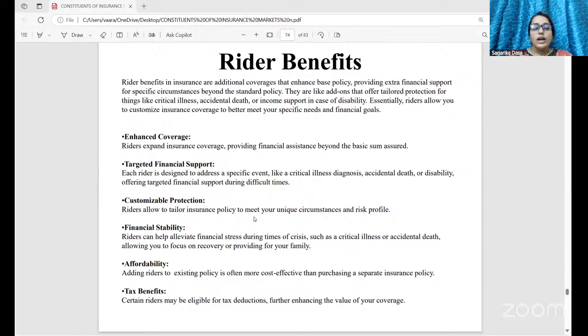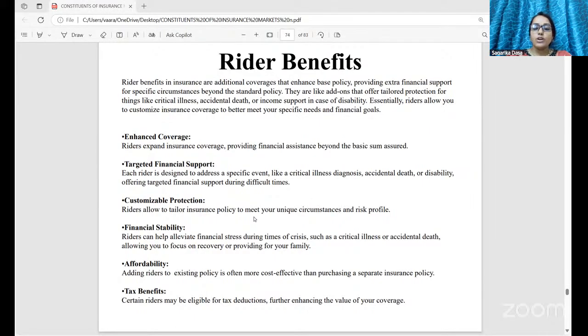Affordability: adding riders to the existing policy is often more cost effective than purchasing a separate insurance policy. Instead of purchasing a separate insurance policy for a separate problem, it is better to go with rider benefits to have an add-on to the existing policy. In this way, the cost will be reduced.